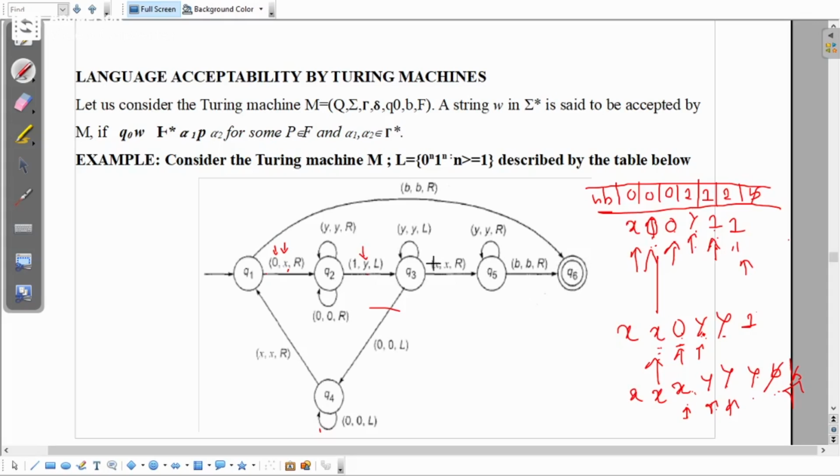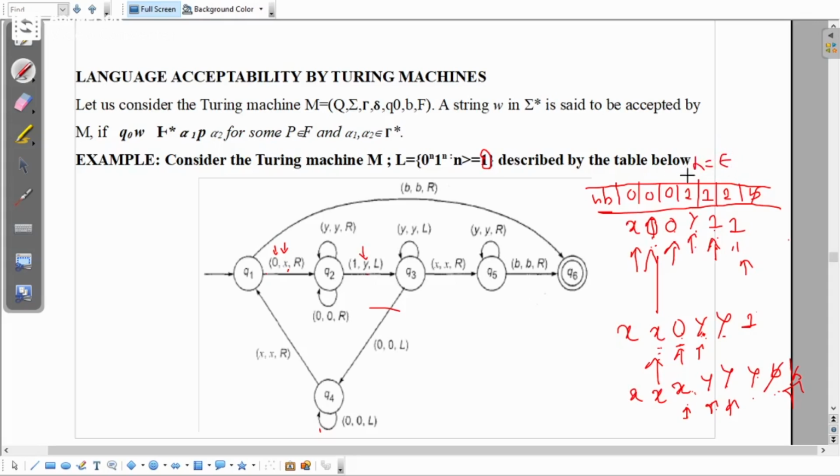Okay, and this particular program will also handle n greater than or equal to 0. How? When n is greater than or equal to 0, the language can even be empty.